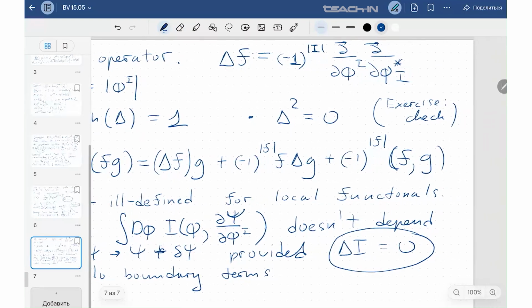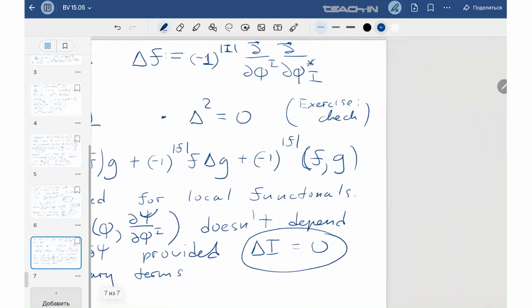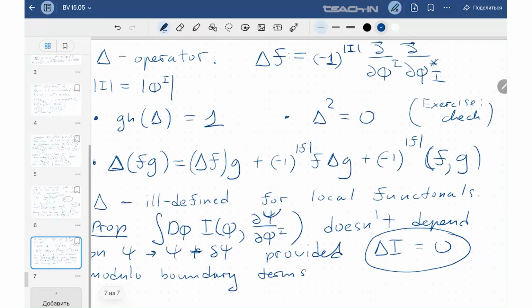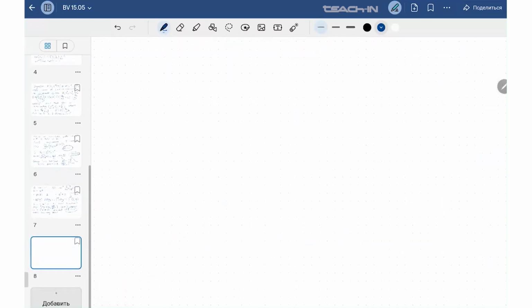So let's just consider the variation. So let's see what happens.